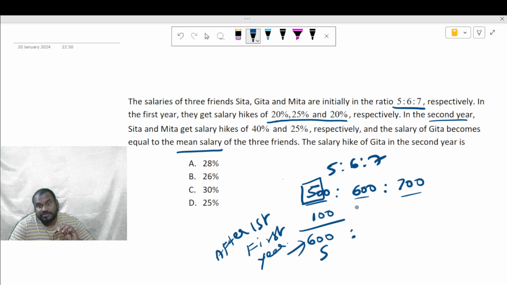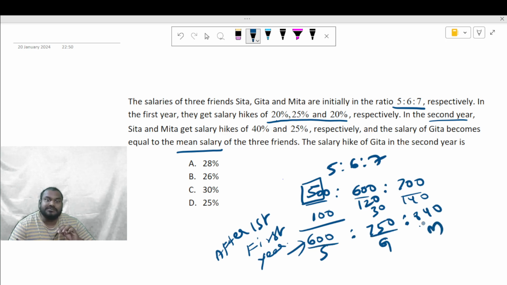So 25% means 20% is 120, 5% is 30, so 150. 600 plus 150 means 750. This is Geeta. What about Meeta? Meeta also got 20%. You add 140 here, 840. Now you have the salaries of the first year for three people.